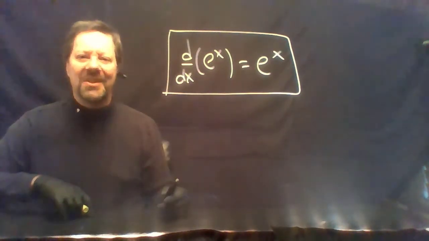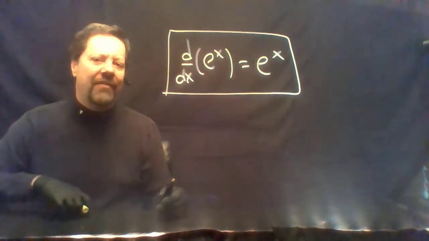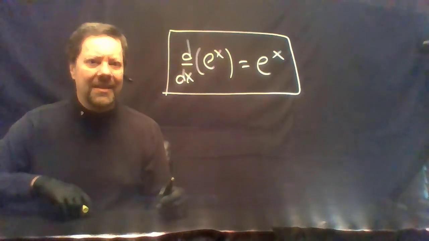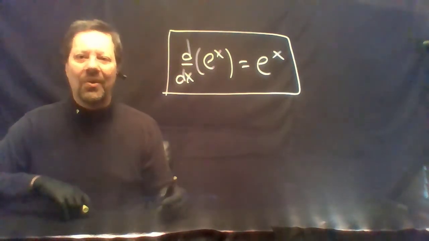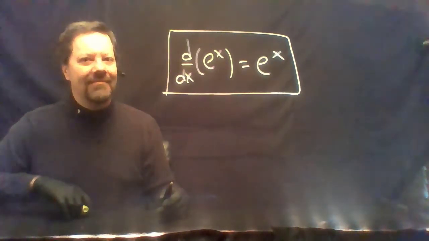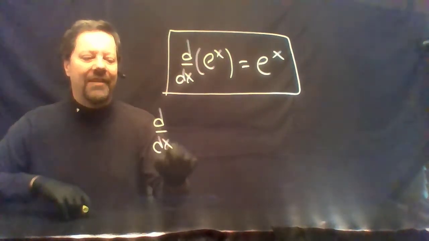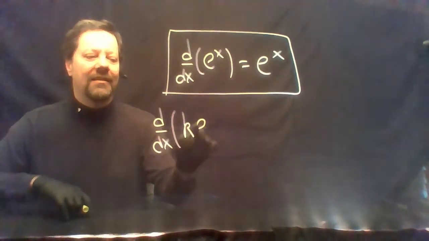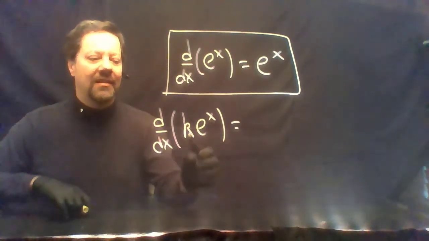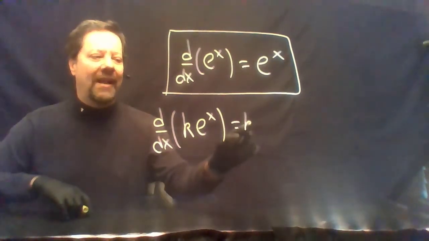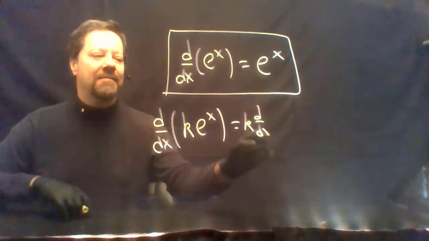e to the x is interesting because it's a function having derivative equal to itself. Is this the only one? Not quite. It's also true that if I have any constant times e to the x, constant factors can pull out of the derivative process.